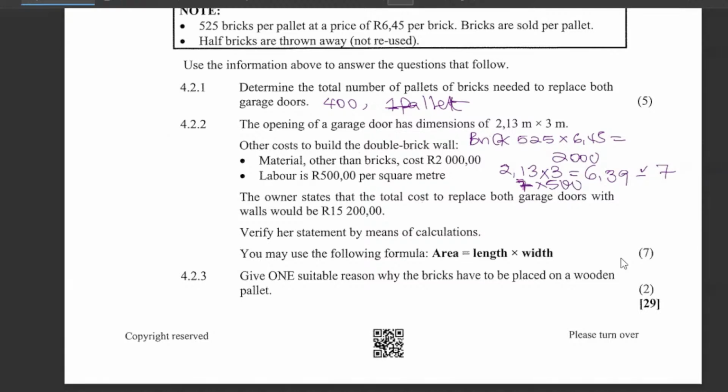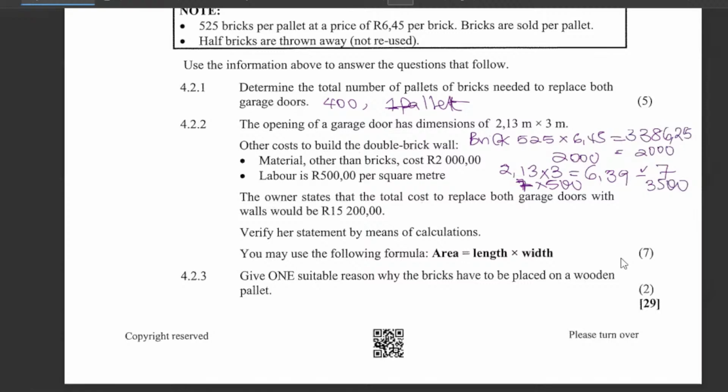Then afterwards we add on the 2,000. Okay, let's see how much the bricks will cost her. The bricks are costing 3,386.25. The 2,000 is already there, plus the 500 times this, 3.5.